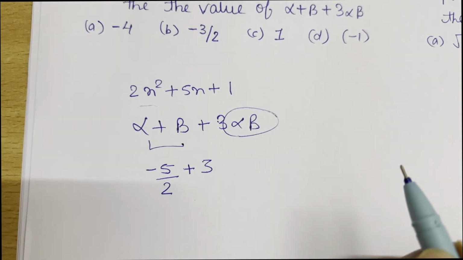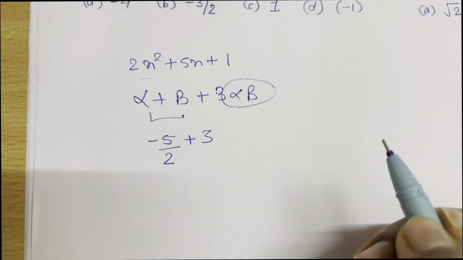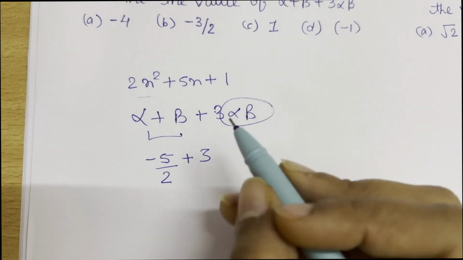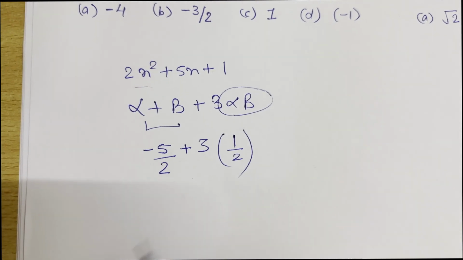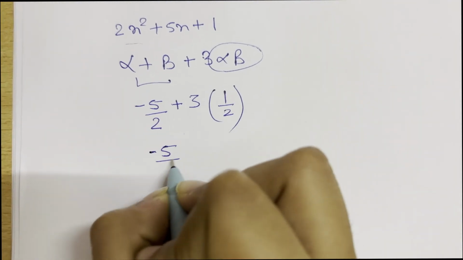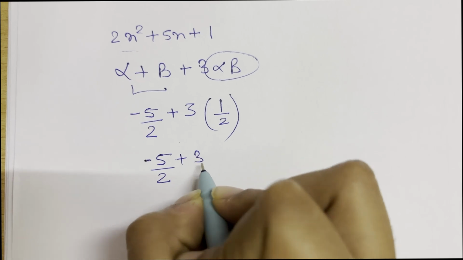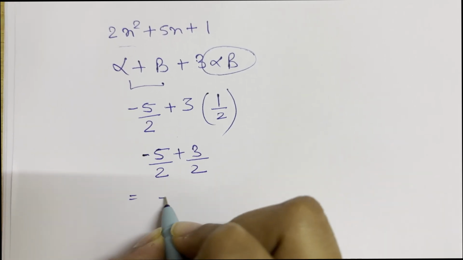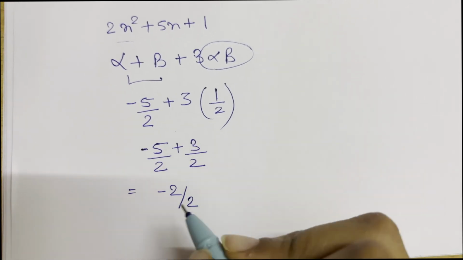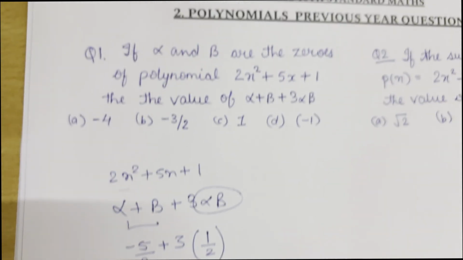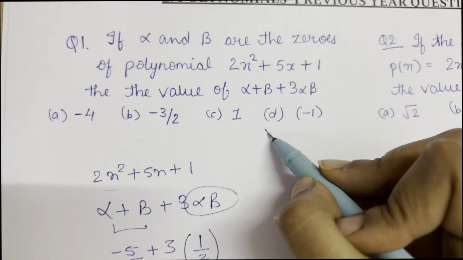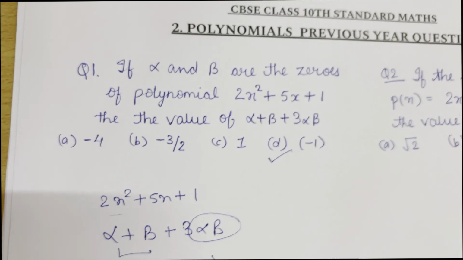We know that alpha beta is the product of the two zeros of the polynomial, which is equal to c by a. So we got minus 5 by 2 plus 3 by 2, which is equal to minus 2 by 2, which is equal to minus 1. So for this question, the correct answer is option D.